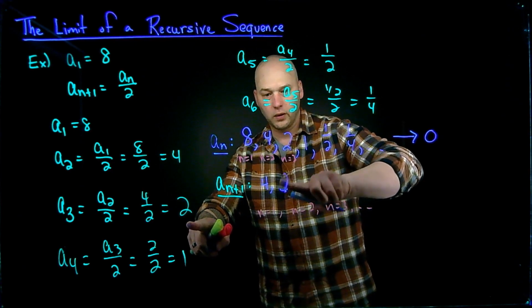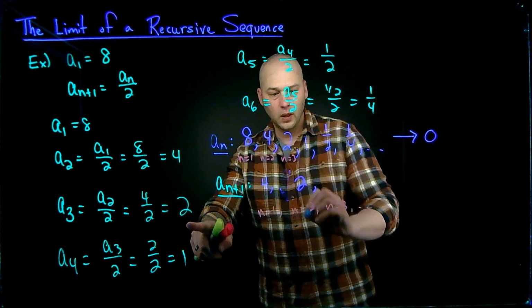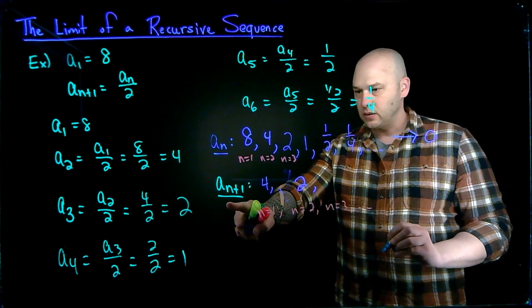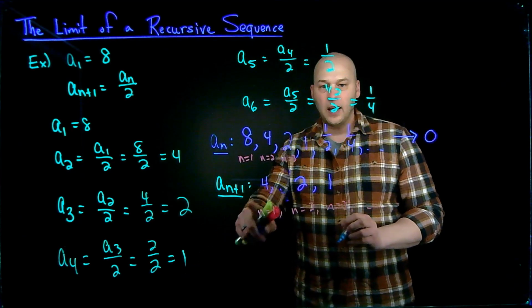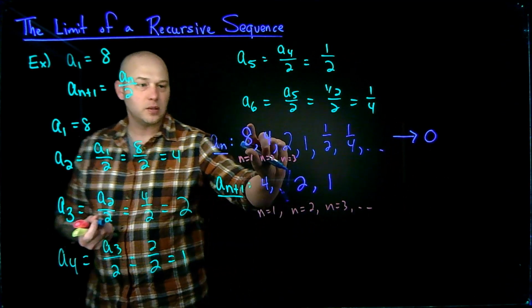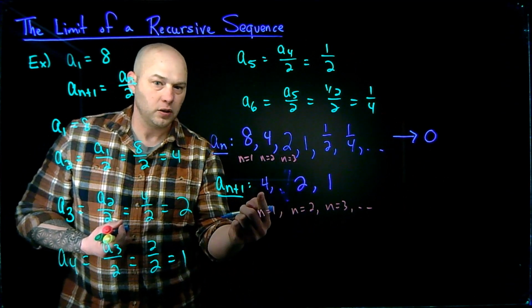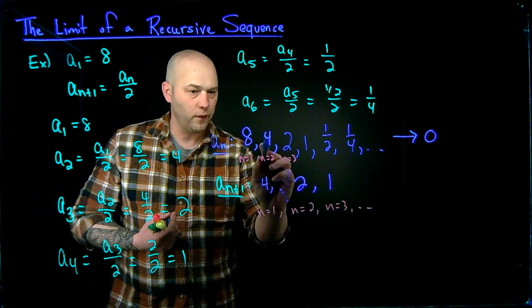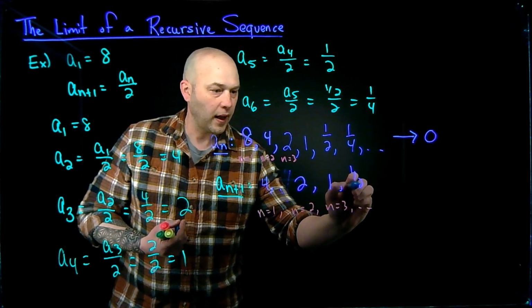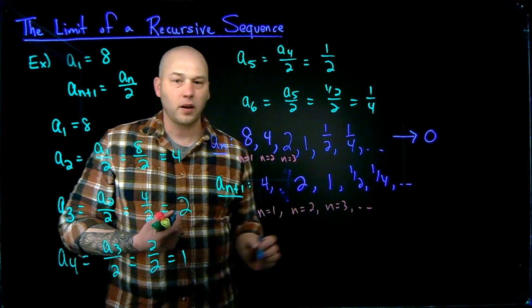Let me line it up here. When n is 3, that'd be a sub 4, which is 1. And you can see that a sub n plus 1 is simply this sequence I just started here. So in other words, this sequence, a sub n plus 1, would be 4, 2, 1, a half, a quarter, etc.